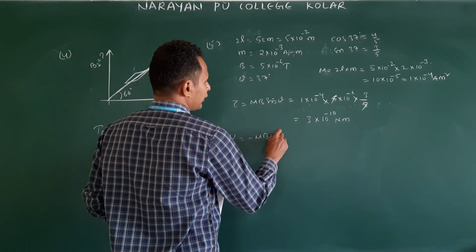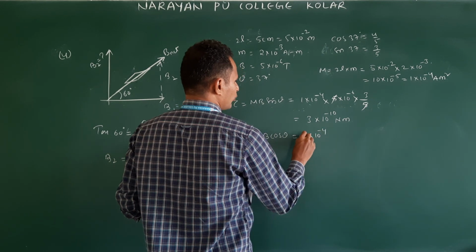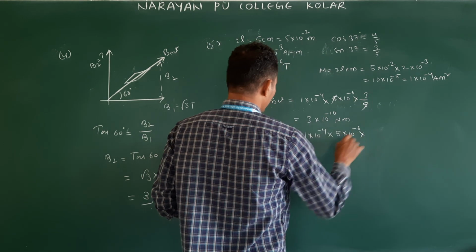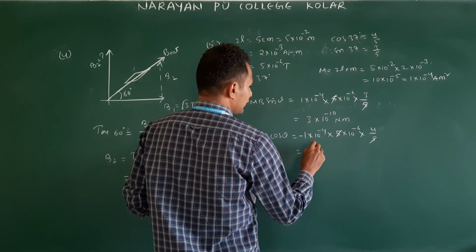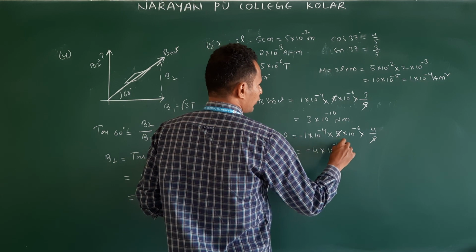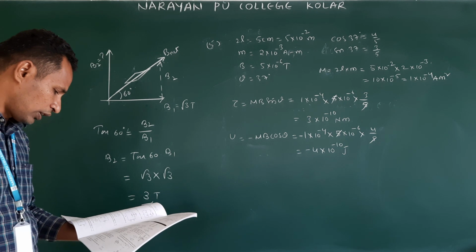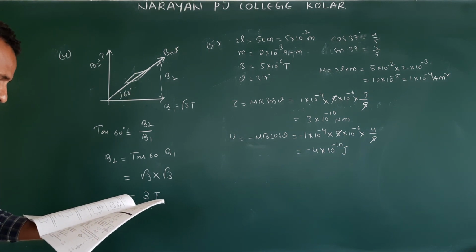U is equal to what? Minus mB cos theta. Again the same, 1 into 10 power minus 4, minus is there, into 5 into 10 power minus 6 into cos 37. What is cos 37? 4 by 5. Cancel. This is minus 4 into 10 power minus 10 joules. Is there? Yes. Work done in rotating the magnet by 53 degrees.